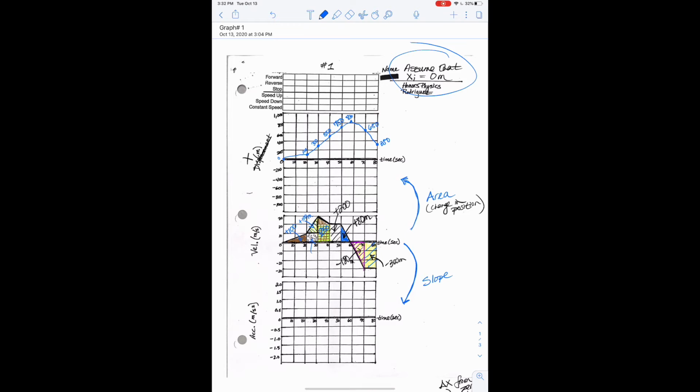We'll just complete the graph there. All right, so there's our position versus time curve for this object. It's that simple. Kind of a little bit of a pain though, right? But it's cool that you can predict the graph from the velocity versus time curve by using area.